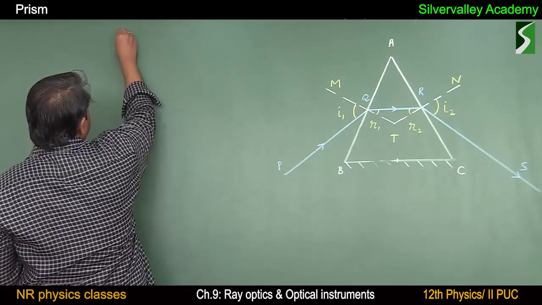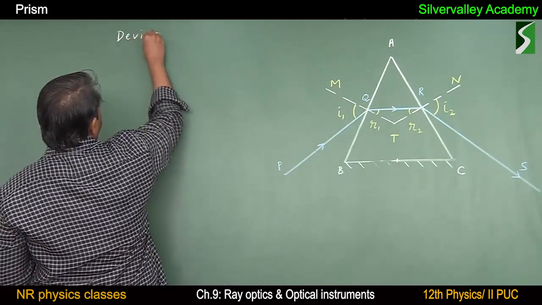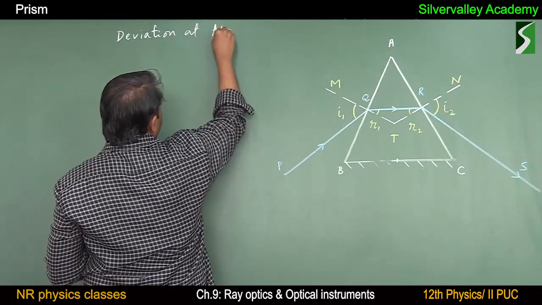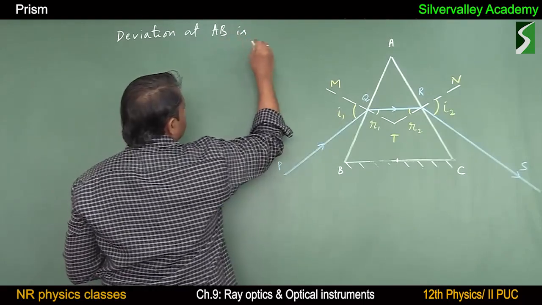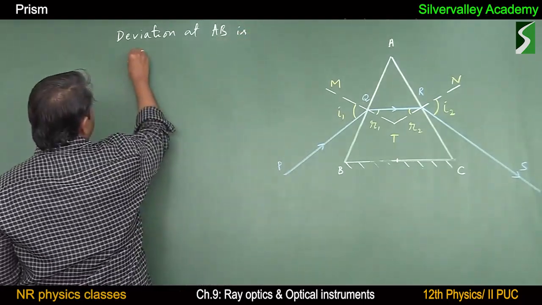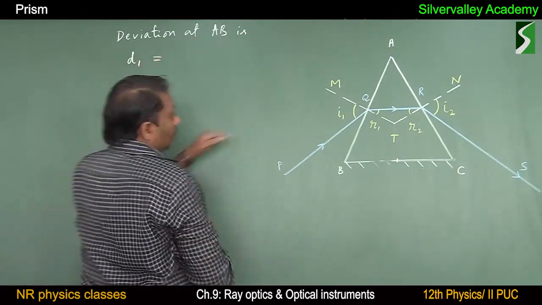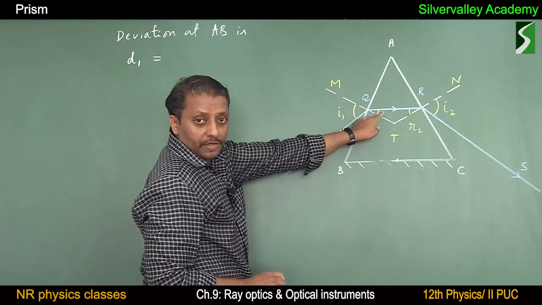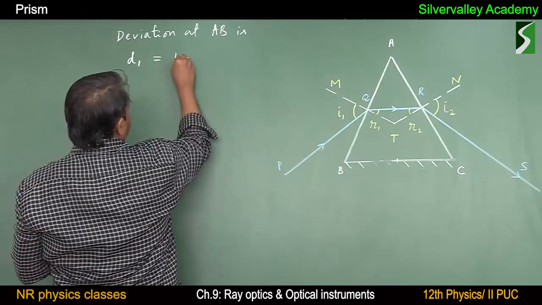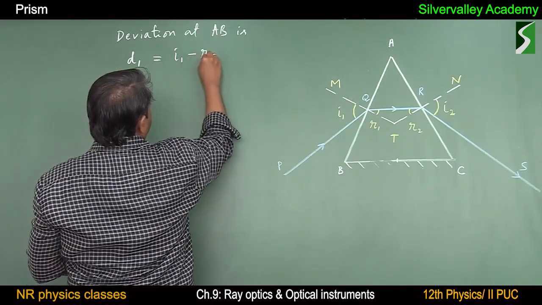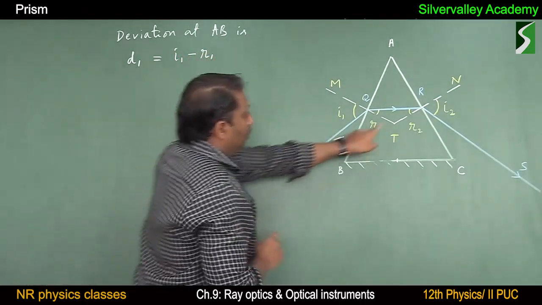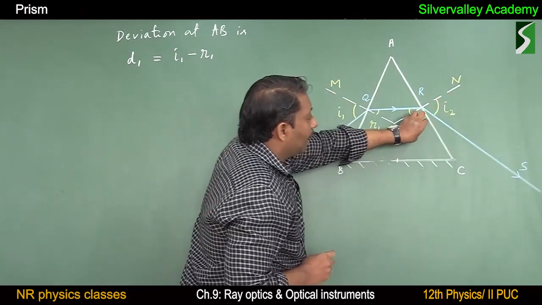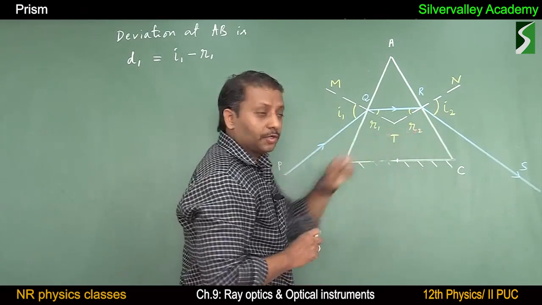So, deviation at AB is D1 equal to I1 minus R1, angle of incidence minus angle of refraction. Here deviation is angle of refraction minus angle of incidence, I2 minus R2.